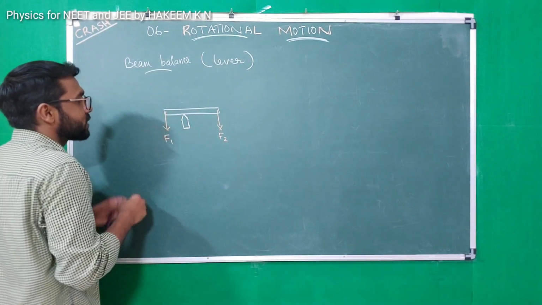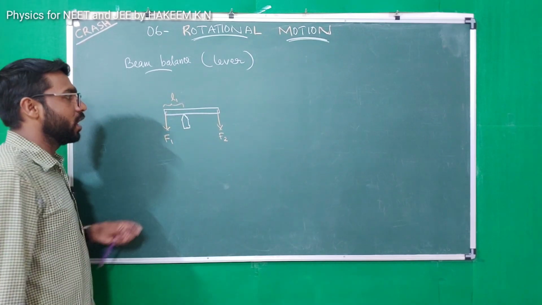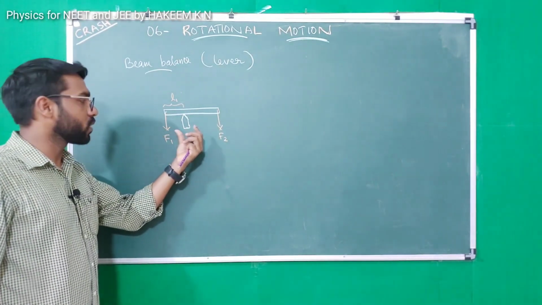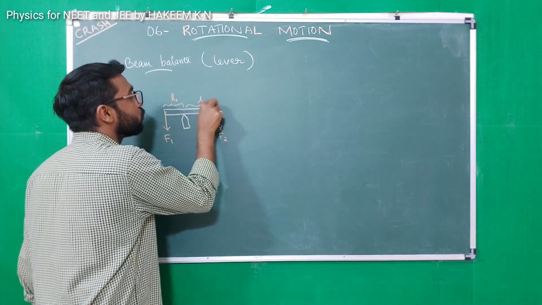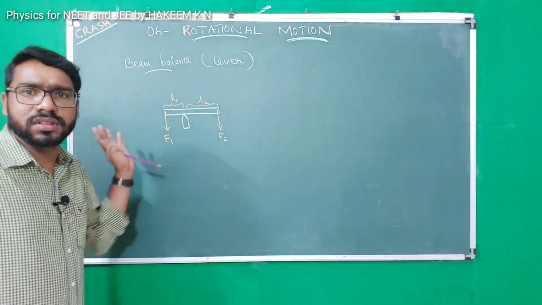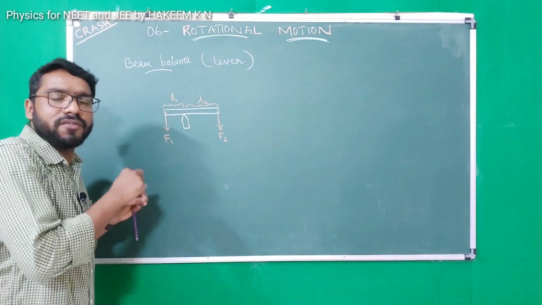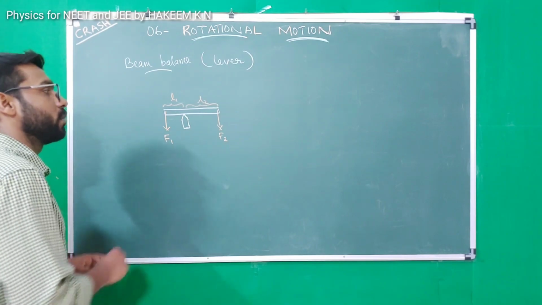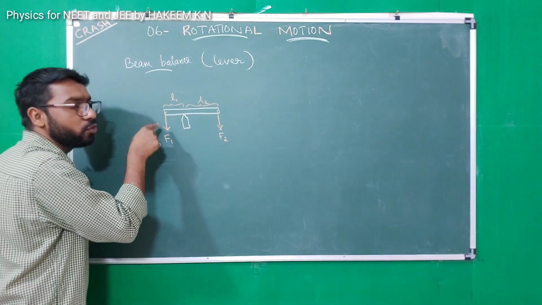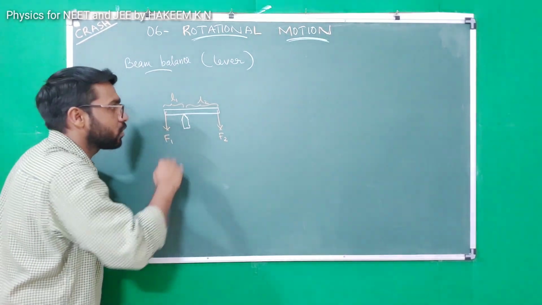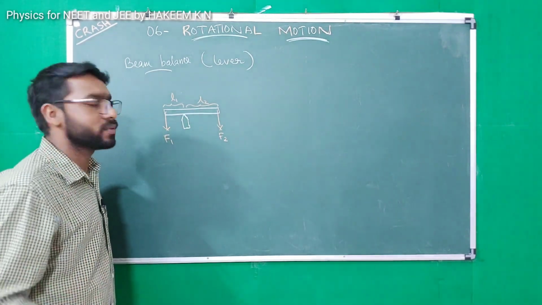Here we can say this is the length L1 part, and this portion is the L2 part. Then both the forces tend to rotate the beam balance. If it is in rotational equilibrium, we can say torque due to F1 cancels torque due to F2, that is net torque equal to 0.